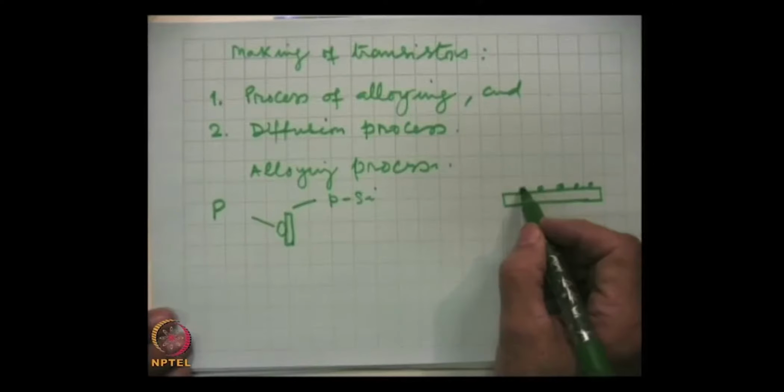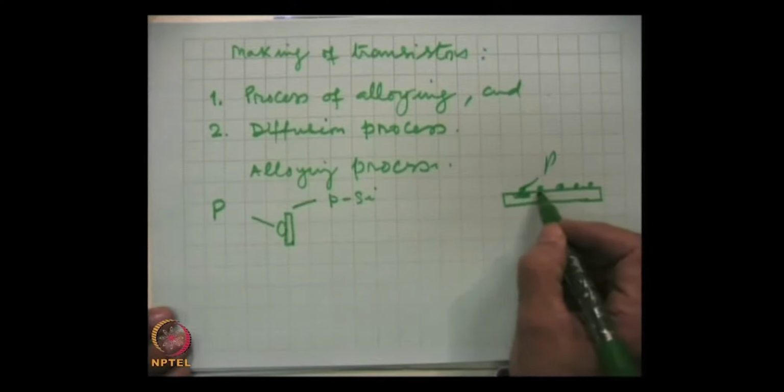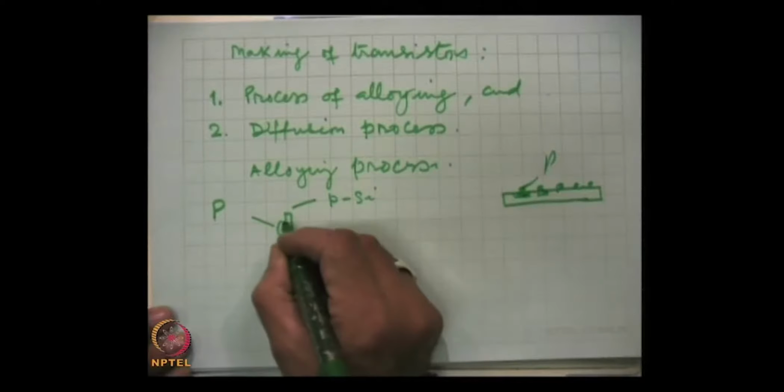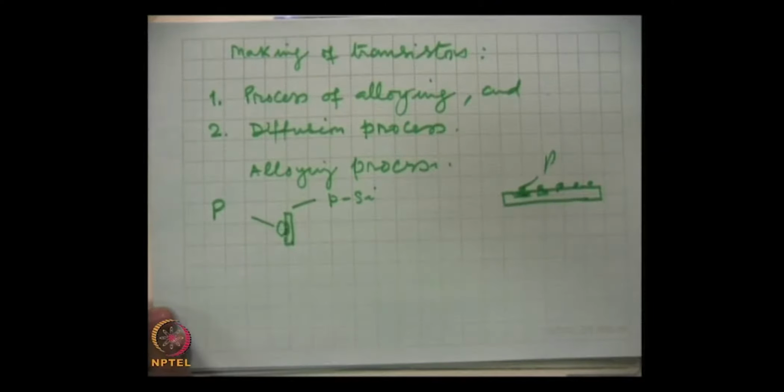So, this phosphorus impurity will diffuse and will make an N type region here.